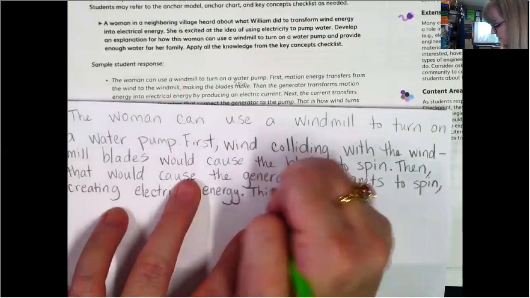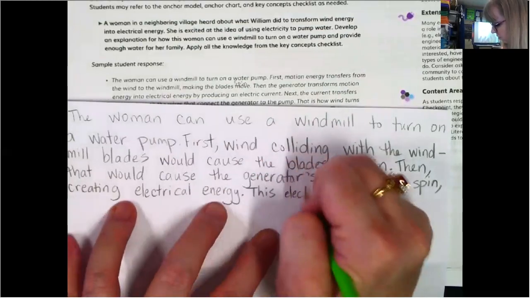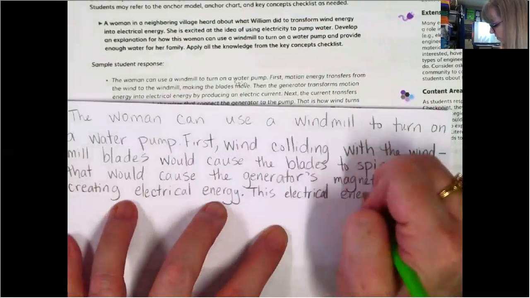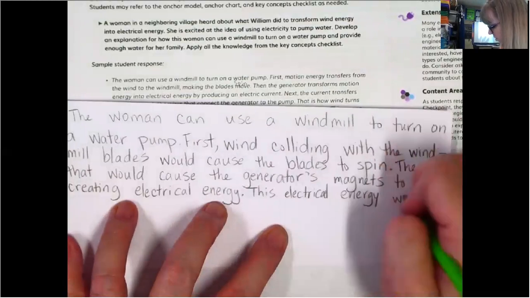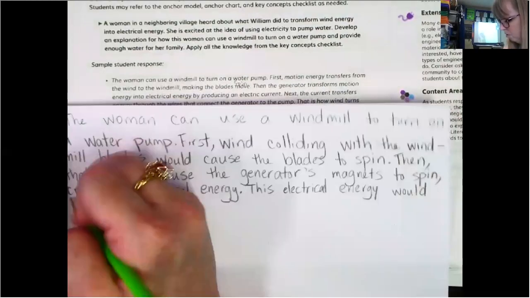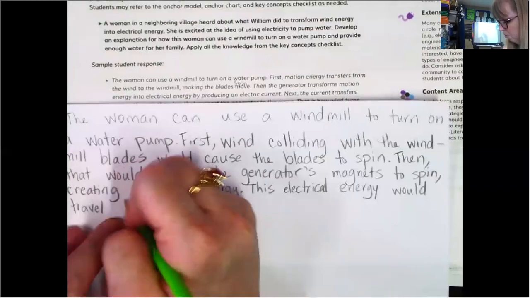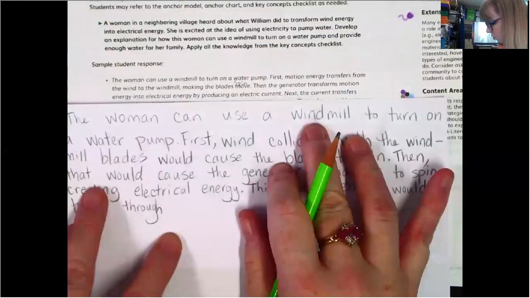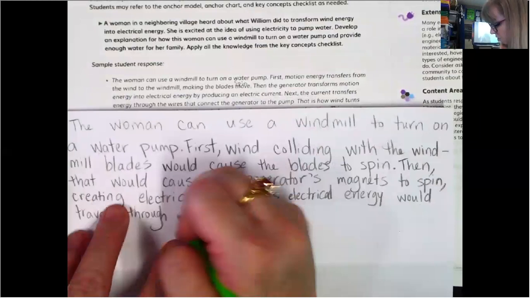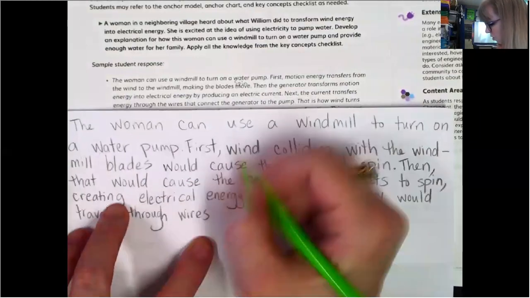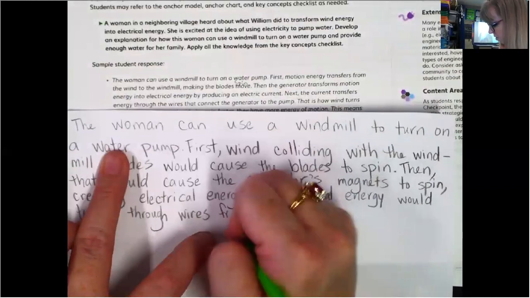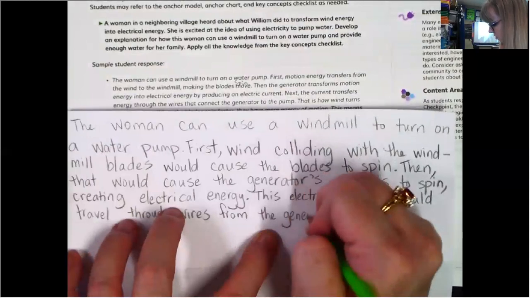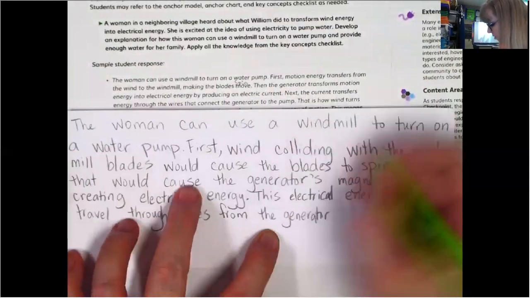This electrical energy, that's electrical there, would travel through wires from the generator to a water pump.